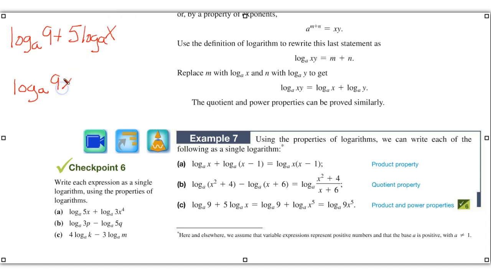So this becomes x to the 5th power. We take the exponent and put it in front of log because this is raising it to a power. And this is what you see there. Okay, and of course the proof is when you do this in your study plan.